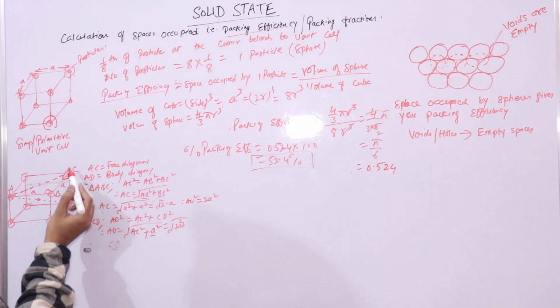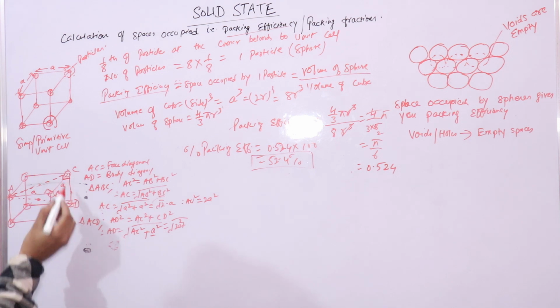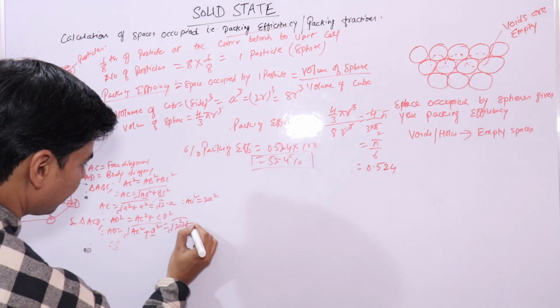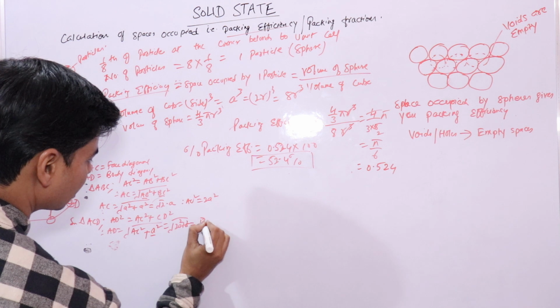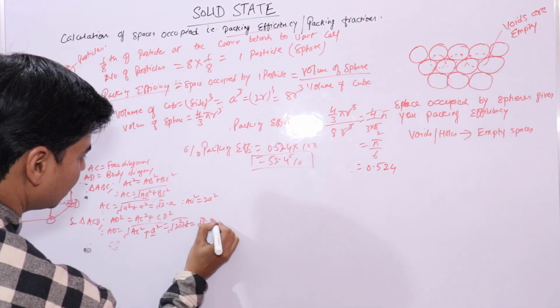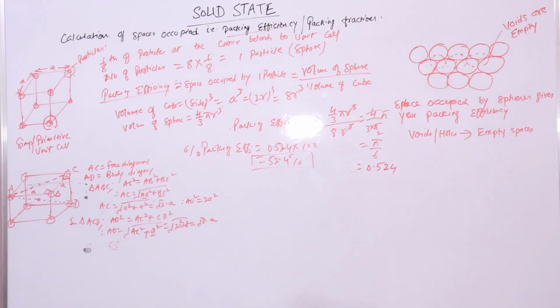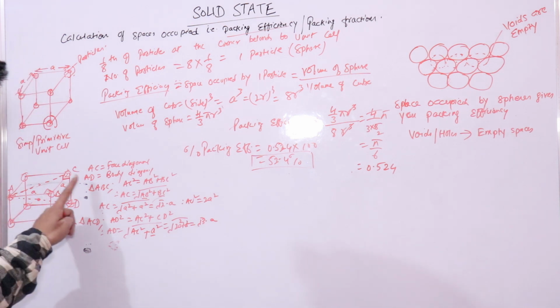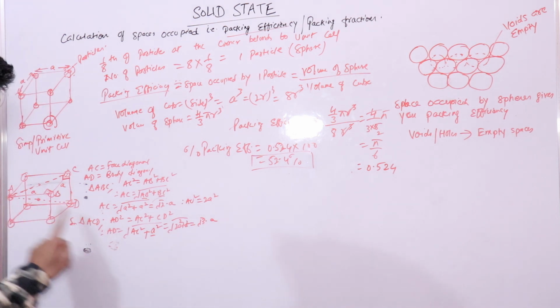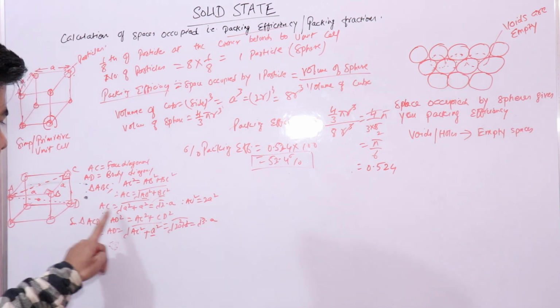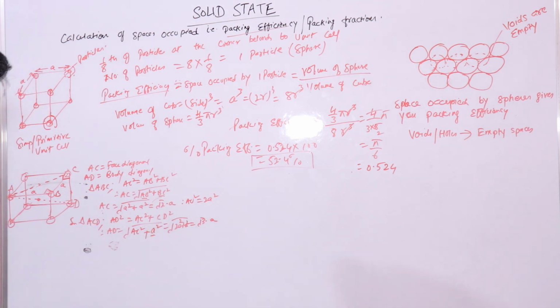This CD is the edge of the cube. So this is your under root 3 a, right? Now we have the values of face diagonal and body diagonal. Body diagonal AD is under root 3 a, face diagonal is under root 2 a.